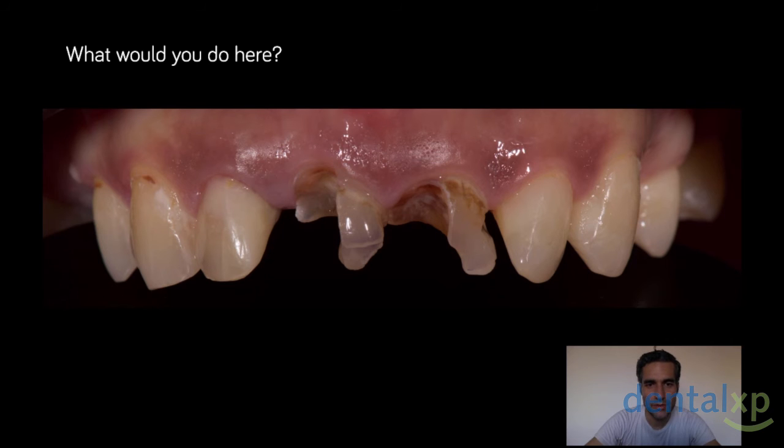What is the future in immediate loading? This is something quite new. This is something that we are working around, and we are very excited about this. We have this patient with two hopeless central incisors. At the beginning I tried to save them, but the endodontists told me that they were not able to do the root canal treatment.